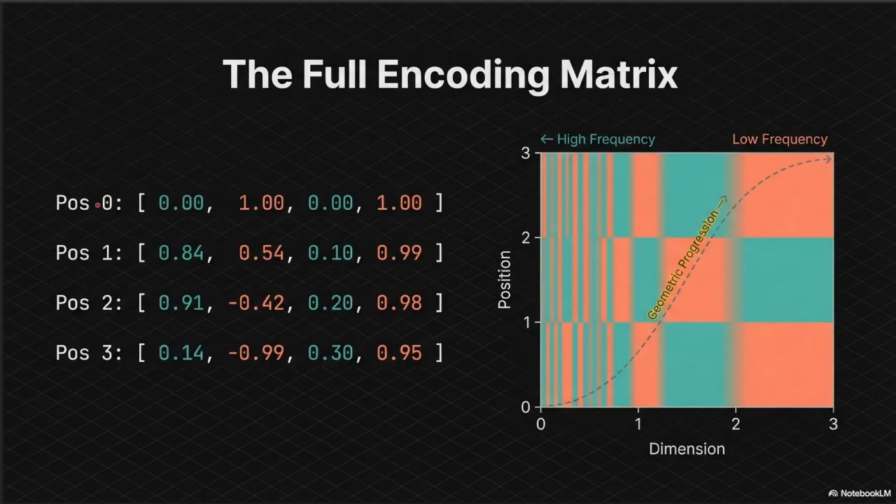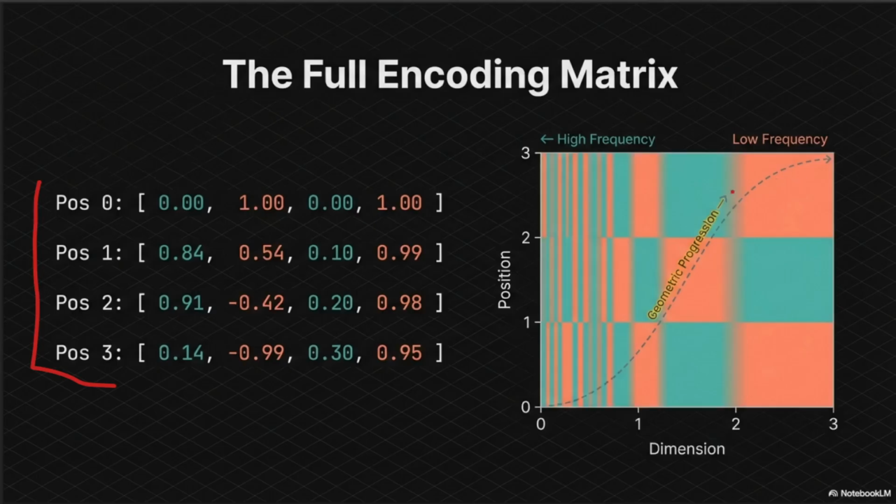Okay, if we stack these vectors, we get our positional matrix. Each row corresponds to each word, and each column corresponds to each dimension. If you look down at the columns, you see the wave tracing 3 paths.